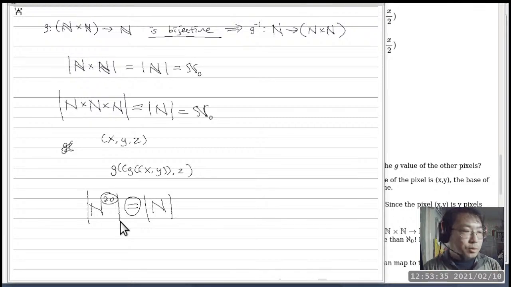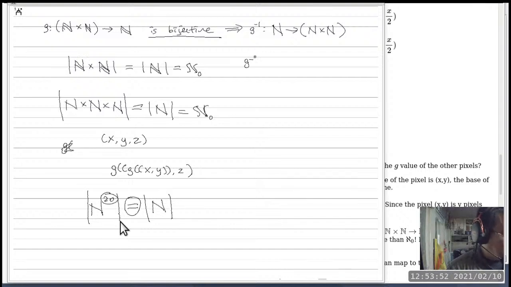What used to be the domain for g is now the codomain of g inverse, and what used to be the codomain of g is now the domain of g inverse.